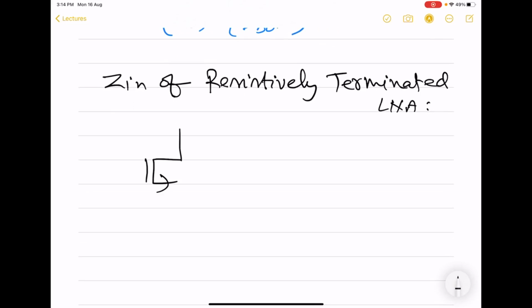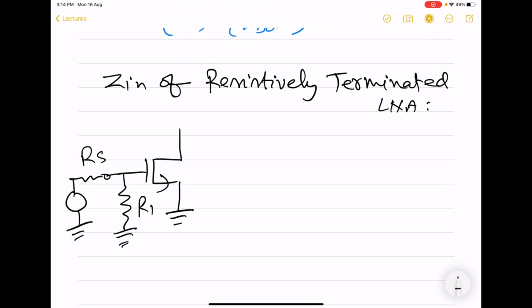So this is the LNA we are talking about, R1 and RS, and here we have our source.